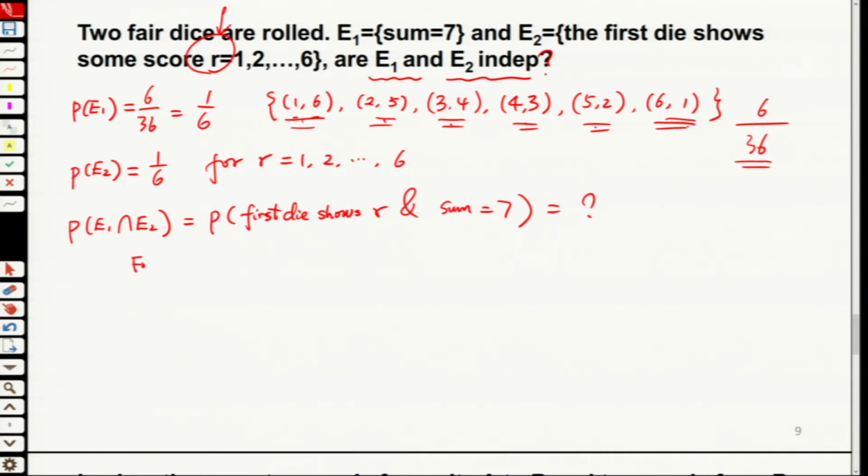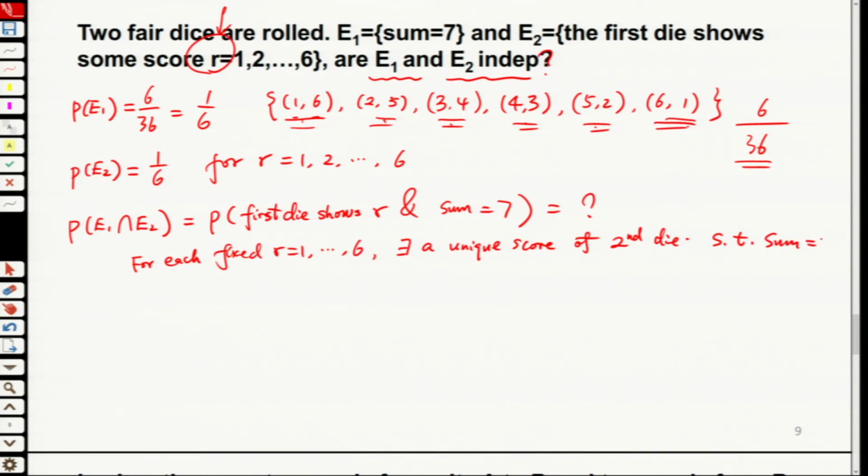So for each fixed r equals 1 to 6, there exists a unique score of the second die such that the sum equals 7.